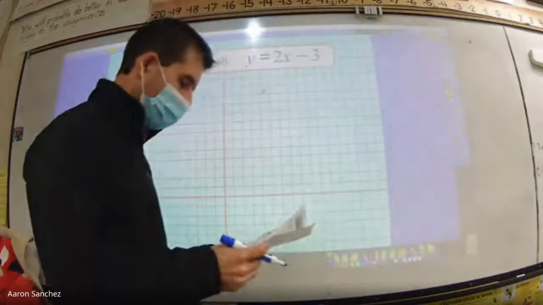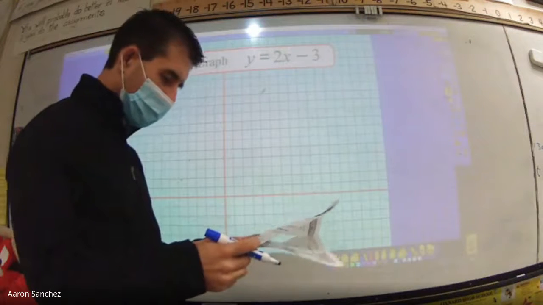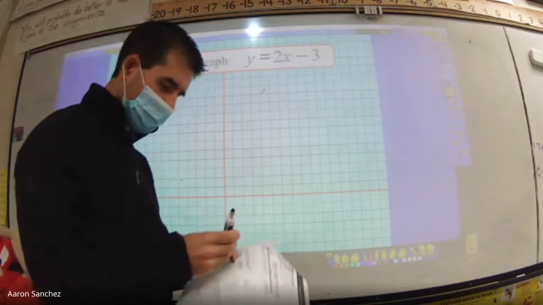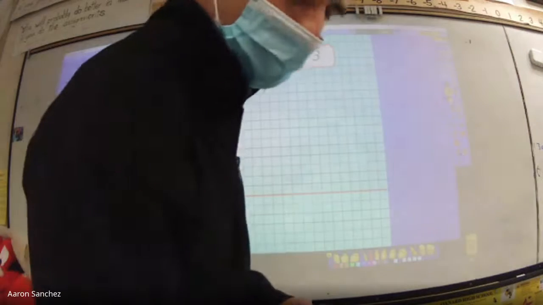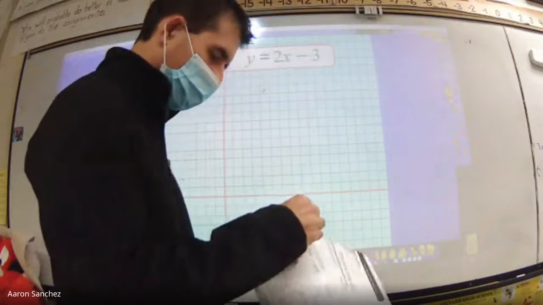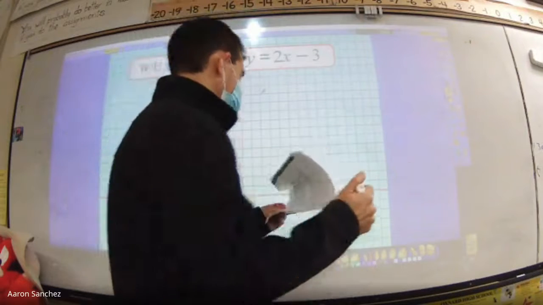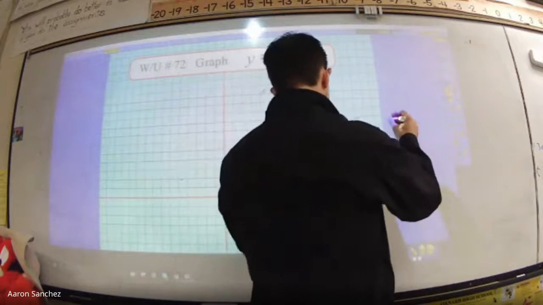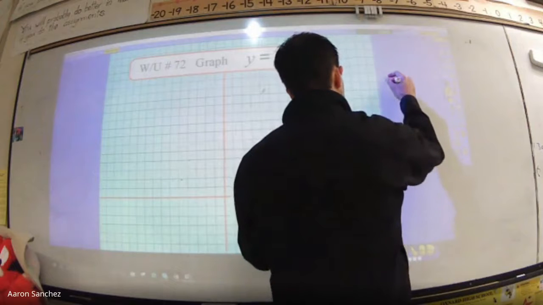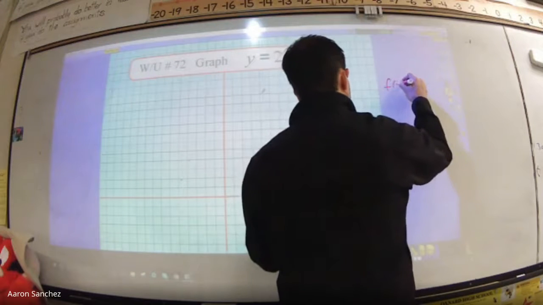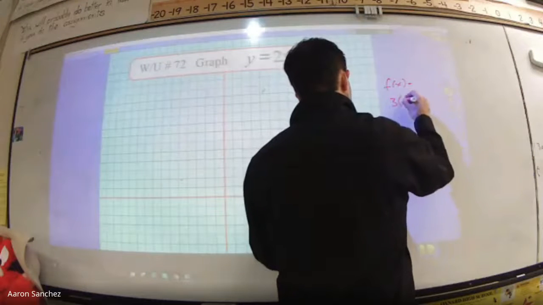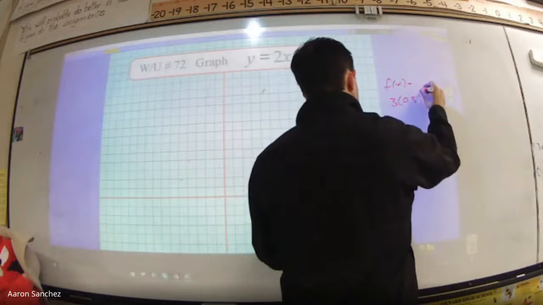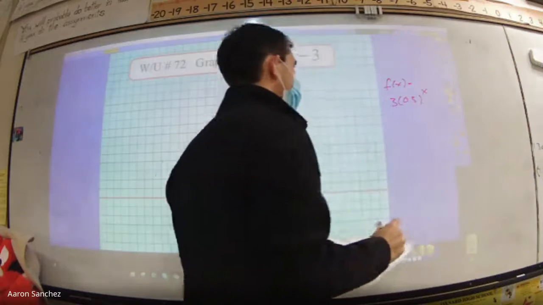All right. So let's go ahead and graph. Okay. Okay, let's graph f of x equals 3 times 0.5 raised to the x power.